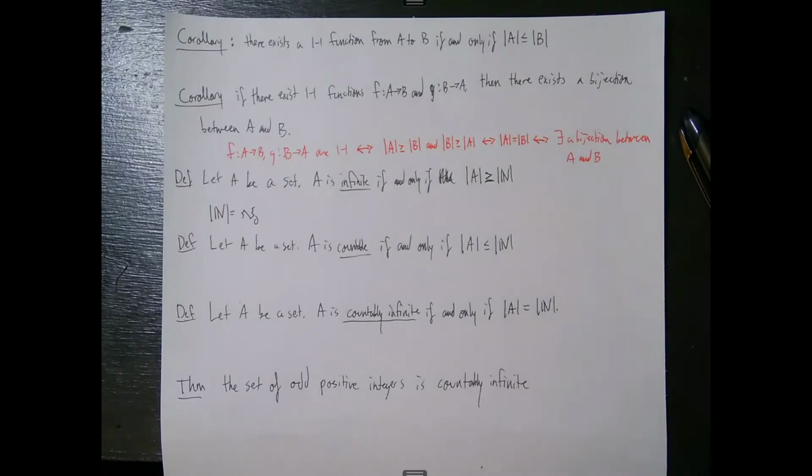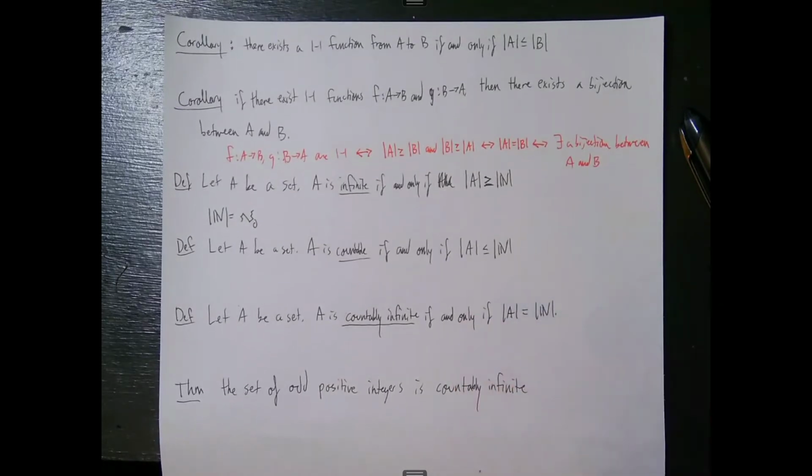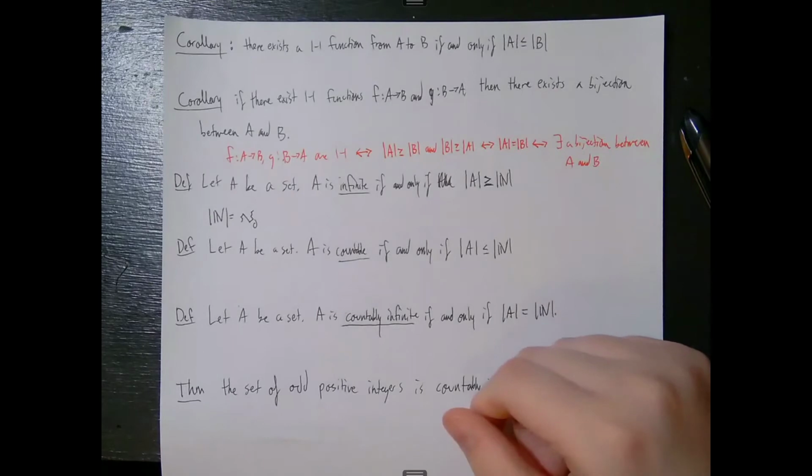The way you can think about that is basically A is countable if you can start at some point in the set, and start counting every single element of A, and if you go at most forever, you'd be able to count the elements of your set A in a way such that you won't miss anything.